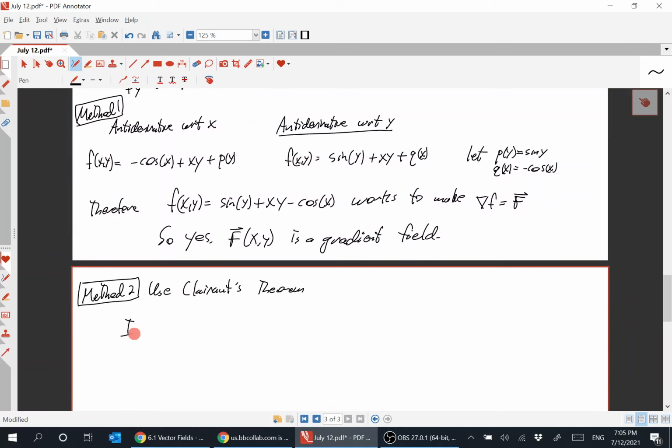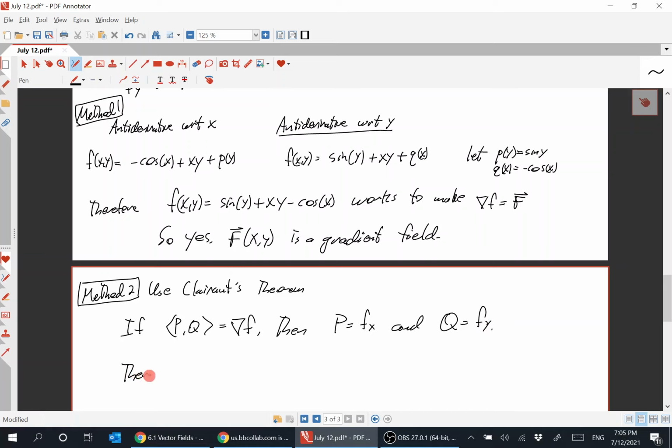Okay, if F is equal to gradient f, then P is equal to the partial of f with respect to x, and Q is equal to the partial of f with respect to y.